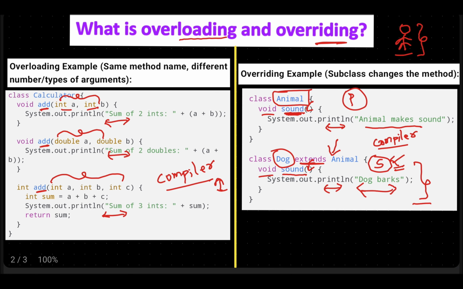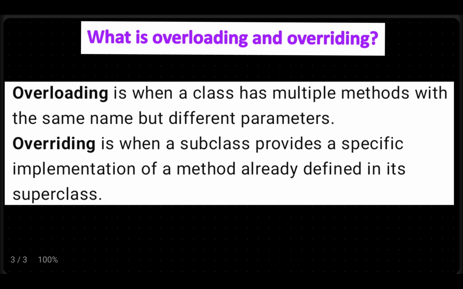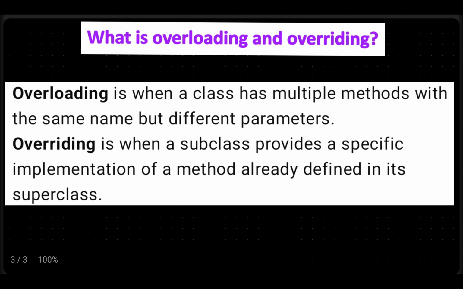Now we shall go for a proper interview answer. Okay, hey, what is overloading and overriding? Sir, overloading is a concept of object-oriented programming where a class has multiple methods with the same name, but they differ in the parameters.